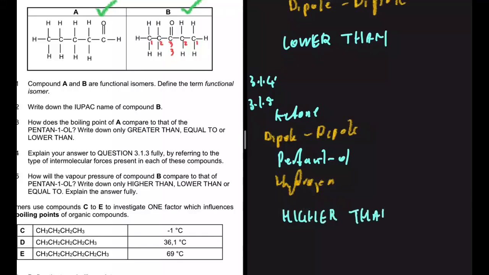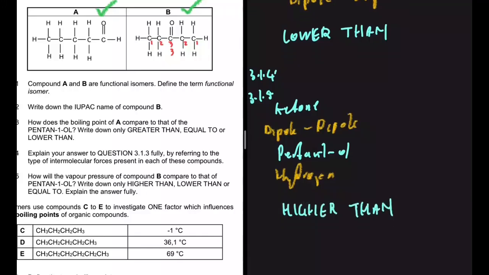What you have to understand is that the weaker the intermolecular forces, the higher the vapor pressure. Between compound B, our ketone, and pentan-1-ol, pentan-1-ol has stronger intermolecular forces.